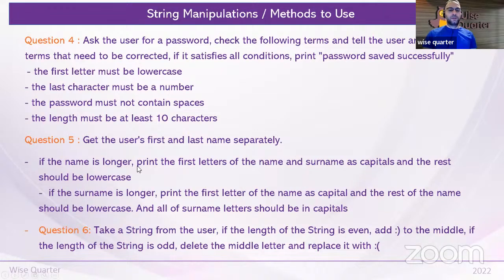Oh, if the name is longer, first letters of the name and surname will be capital, not the other ones. If the surname is longer, we will print the first letter of the name as a capital, but the surname should be all in capitals. Okay, I will copy this question and I will try to solve it.